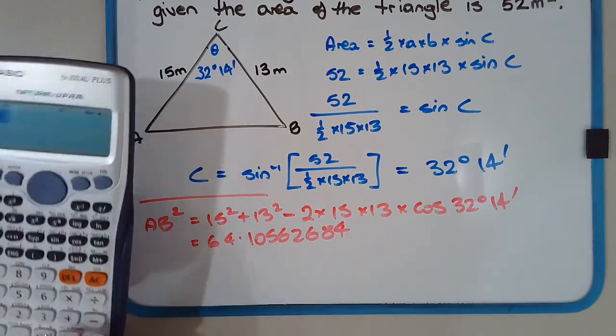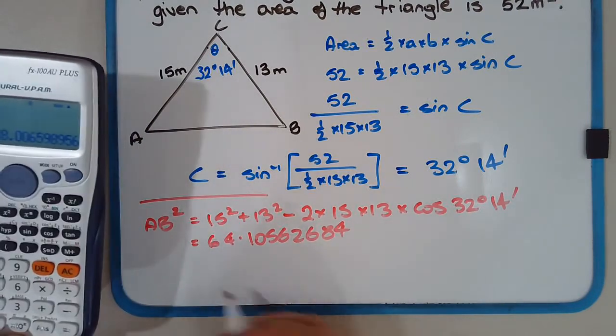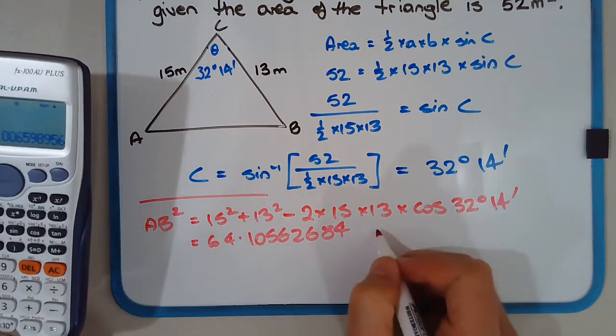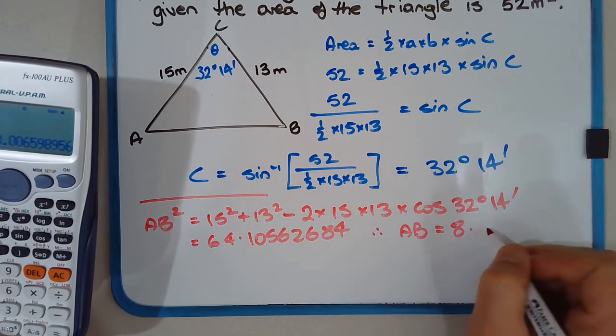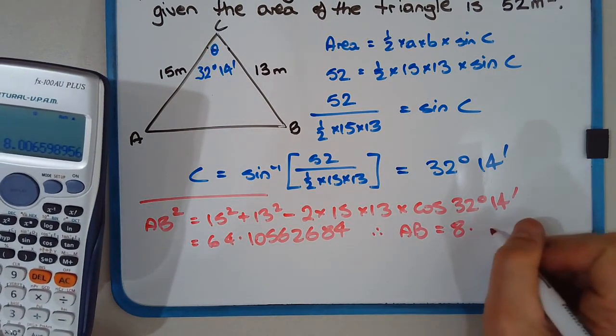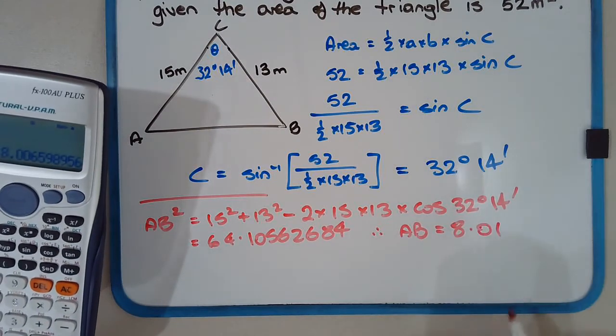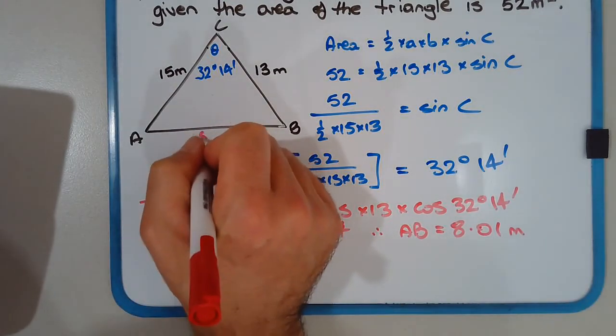Take the square root of that, and we get practically exactly 8, so AB is equal to 8.01 meters, working to two decimal places.